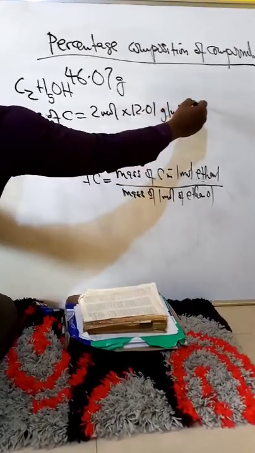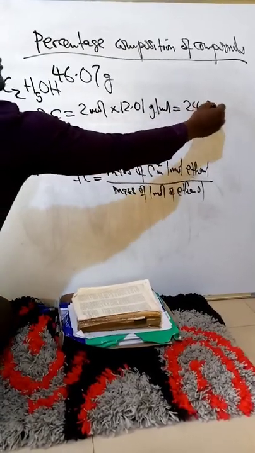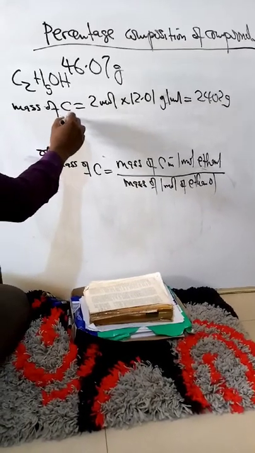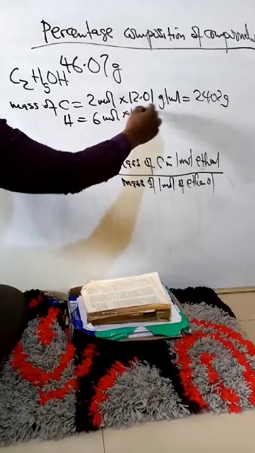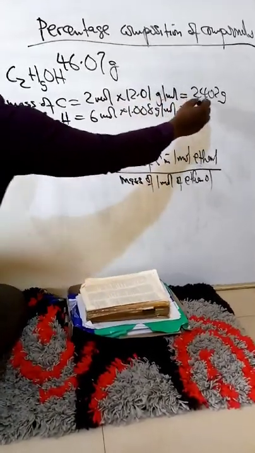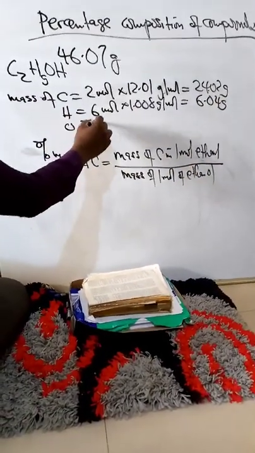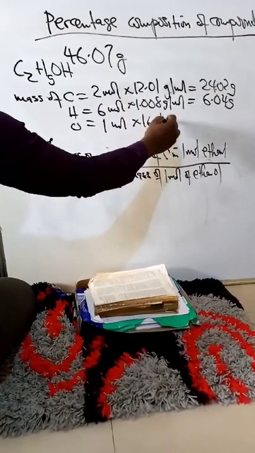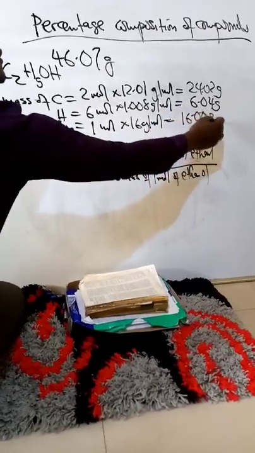So this is giving us 24.02 grams. The moles will cancel. Then mass of hydrogen, we have 6 times 1.008 gram per mole. So this is giving us 6.04 grams. Then the mass of oxygen, we have 1 more oxygen times 16 gram per mole. This is giving us 16.00 grams.